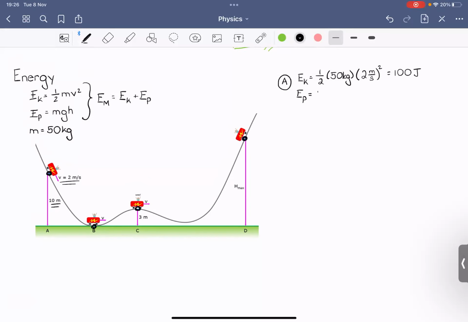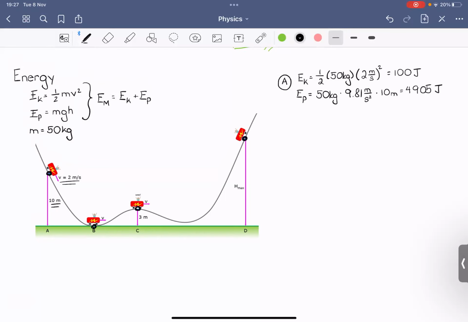Therefore, 50 kilograms times our gravity, which is 9.81 meters per second squared, times our height, which is 10 meters. So if we multiply 50 times 9.81 times 10 would give us 4,905 joules.